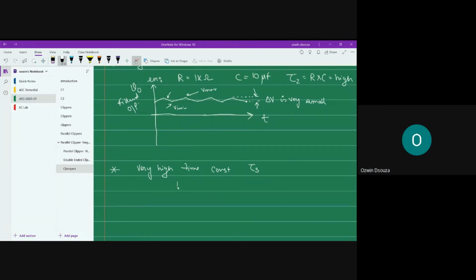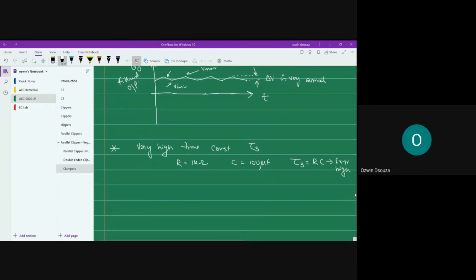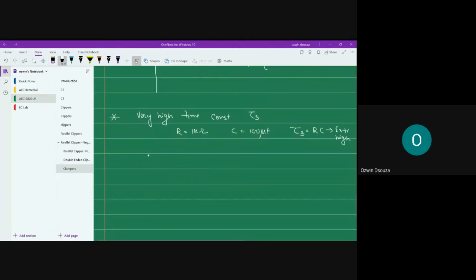Say R is equal to 1 kilo ohm and C is equal to, let's say, 100 microfarad. So whatever time constant tau 3 you get, that is R into C, will be extremely high. So by fixing a very high time constant, you can expect a waveform of this kind.